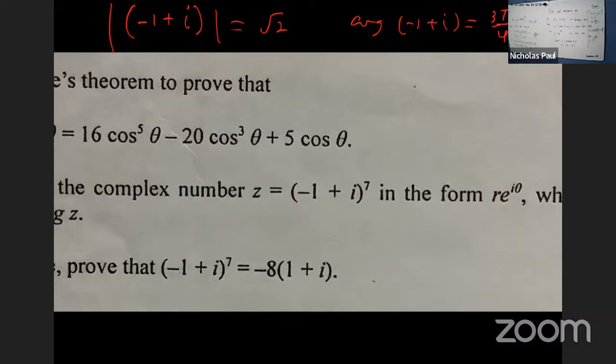Oh yeah, to the power 7. So now we need the modulus of z, which is root 2 to the power 7, or you could write it as 2 to the 7 over 2. You remember, right? It's pretty cool.